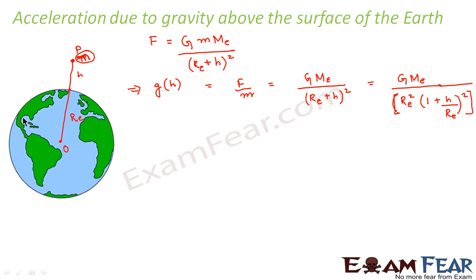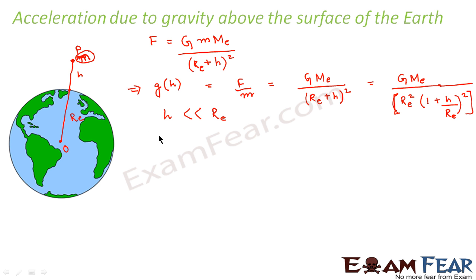If you think about it practically, this distance h will be very small when compared to the radius of the Earth. Imagine this scenario in real life. The radius of the Earth is so huge, but the height of an object from the surface of the Earth will be very, very small when compared to the radius of the Earth. Therefore, we can apply the binomial theorem.